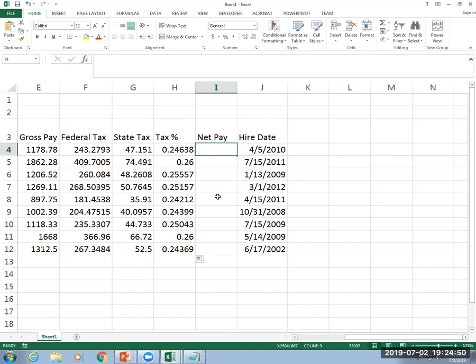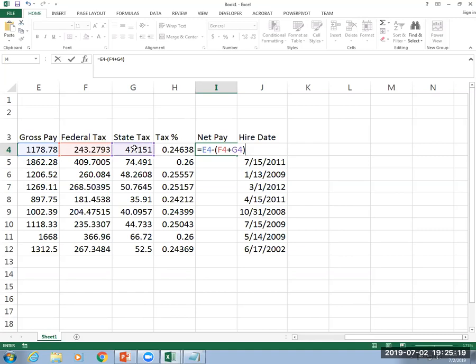I would normally say the gross pay minus the federal tax minus the sales tax, because that's the way I normally think about it. But the way the book is telling us to do it is the gross pay minus the quantity of the tax plus the tax.